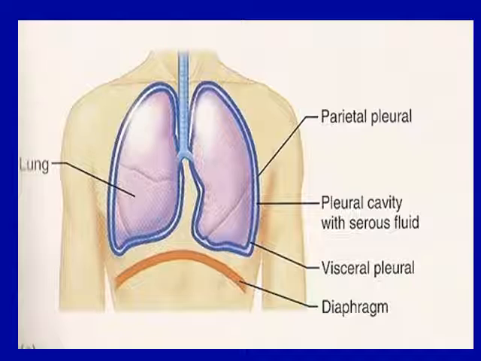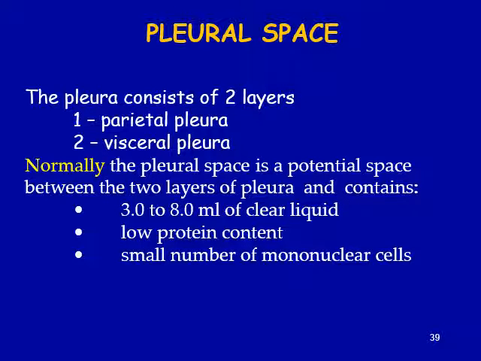Between the parietal pleura and the visceral pleura is the pleural space, which contains serous fluid. Normally, the pleural space is a potential space between the two layers of the pleura and contains 3 to 8 ml of clear fluid, low protein content, and a small number of mononuclear cells.